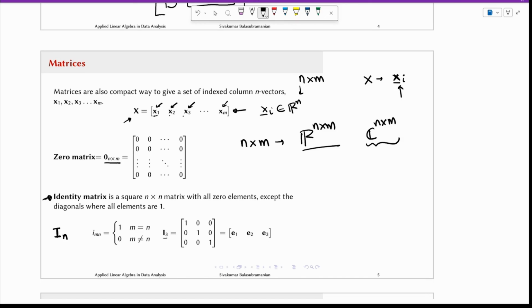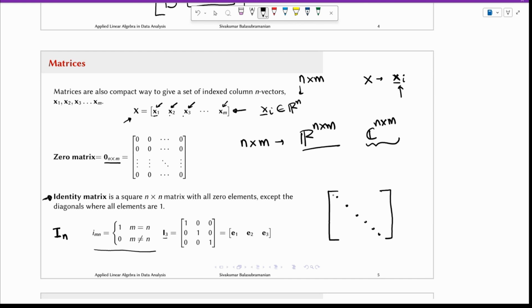The definition of an identity matrix is this. The mnth element will be 1 if m is equal to n, and it will be 0 otherwise. That means it's a square matrix. The elements where the row number and the column number are exactly the same lie along the diagonal of the square, and this is often also called the main diagonal.